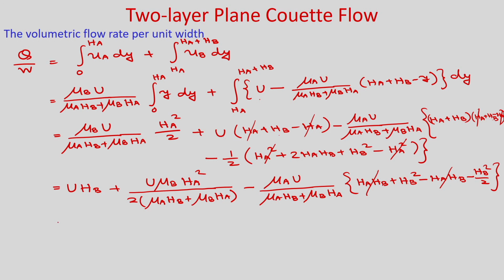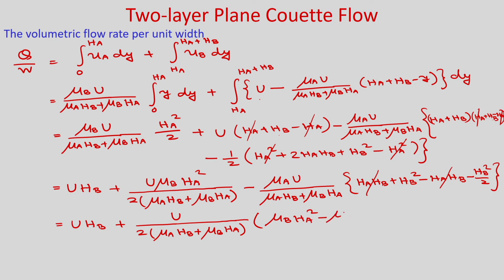So, finally, you will get Q by W as U Hb plus U divided by 2 (mu a Hb plus mu b Ha), times mu b Ha square, and here we have minus Hb square by 2, so it will be minus mu a Hb square.